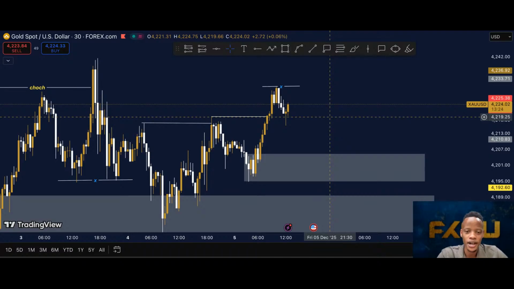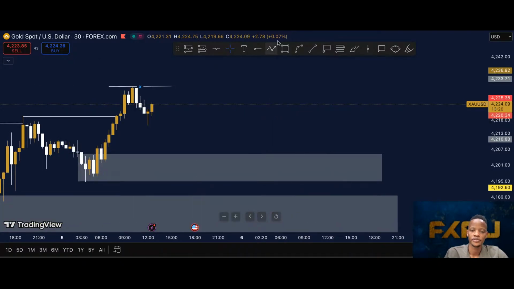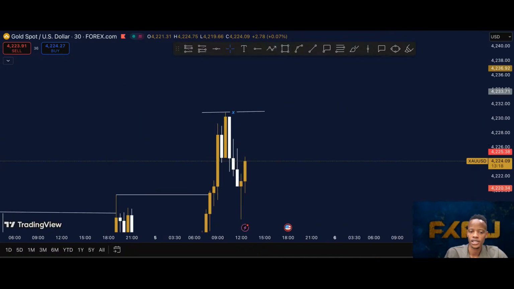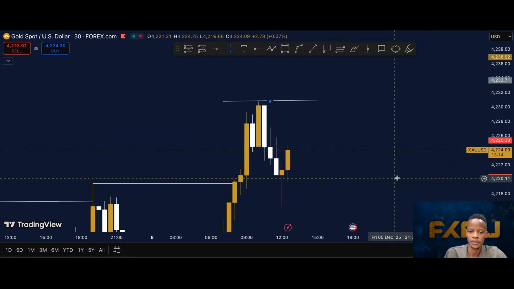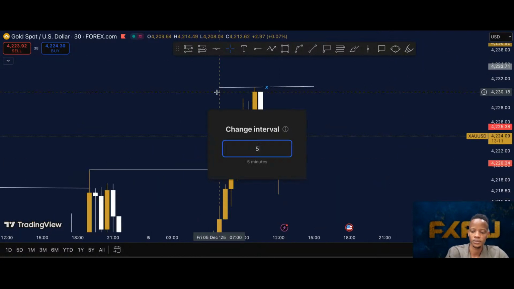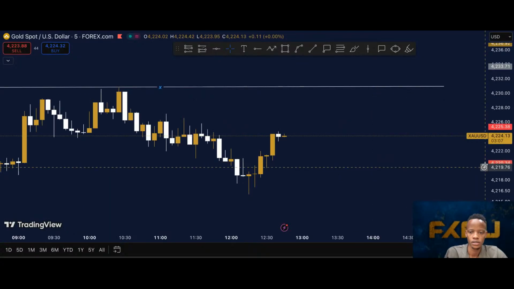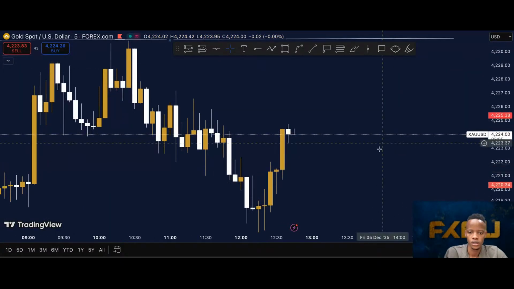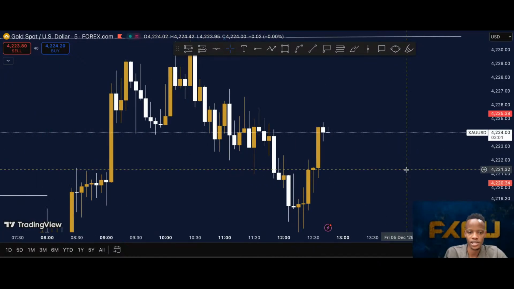Gold currently going up. I don't know if you guys can see the candles clearly, but let me zoom in. This is M30. Yeah, we can check with M5. M5 for our bearish entries. What do you guys see?